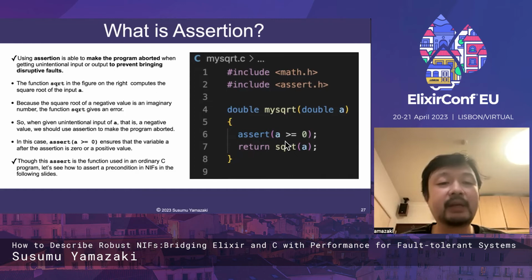In this case, assert(A >= 0) ensures that the variable after the assertion is zero or a positive value. Though assert is a function used in an ordinary C program, let's see how to assert a precondition in NIFs in the following slides.